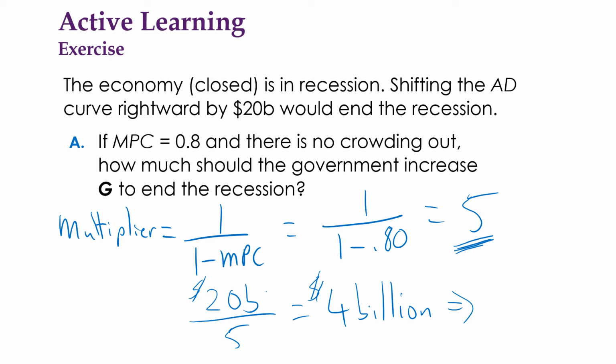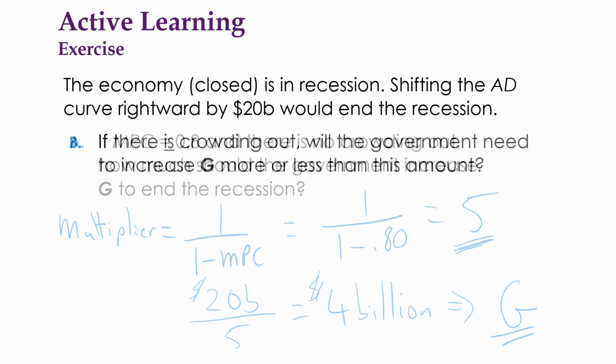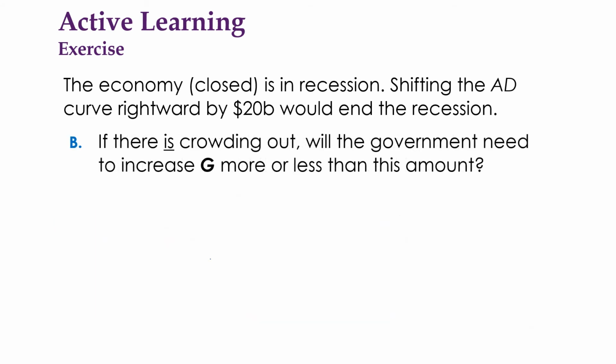You would have to put $4 billion worth of G. So the answer we got on the previous slide, G was supposed to equal $4 billion in order to get an increase of $20 billion worth of output to end this recession.